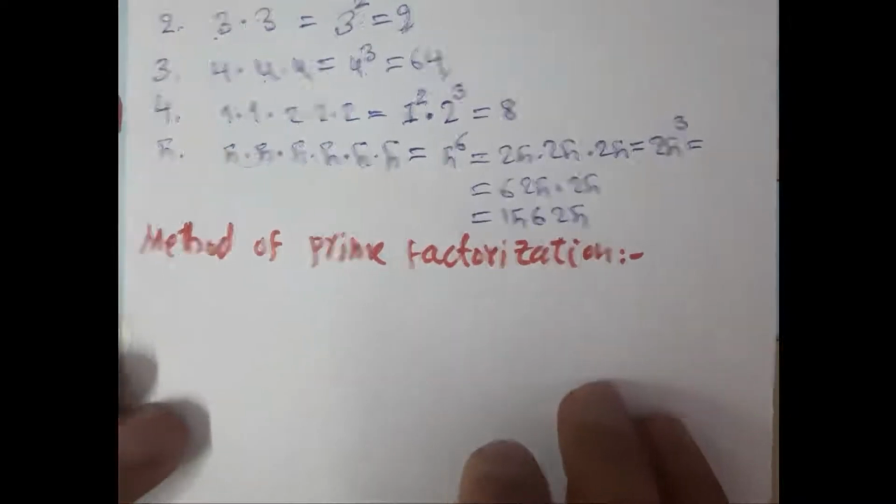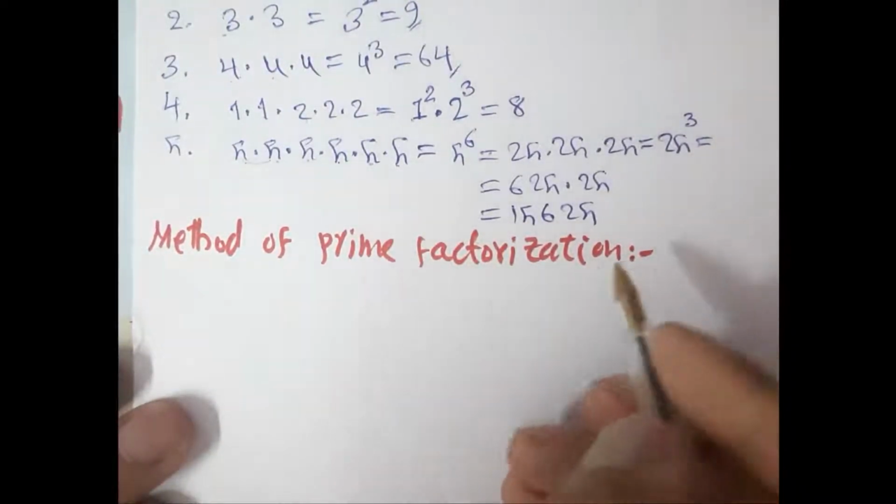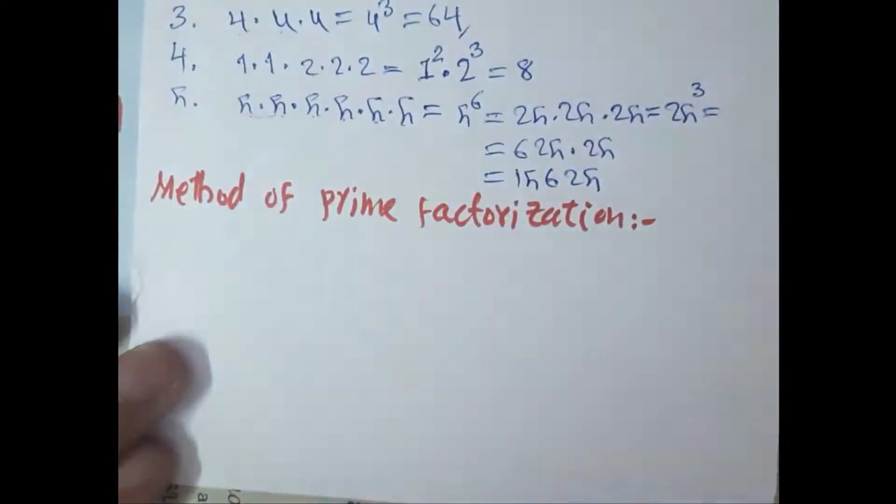Now we want to explain how we can find the prime factorization of a composite number. Here we want to explain these methods.